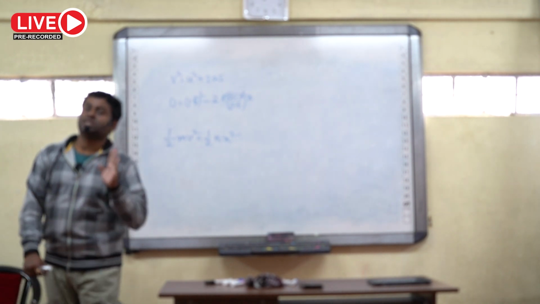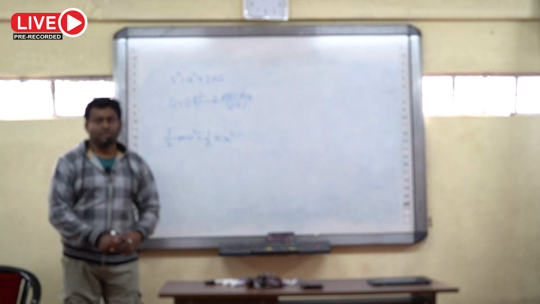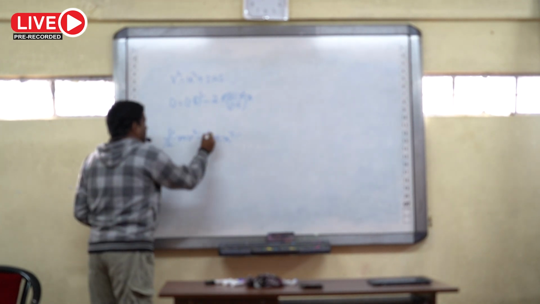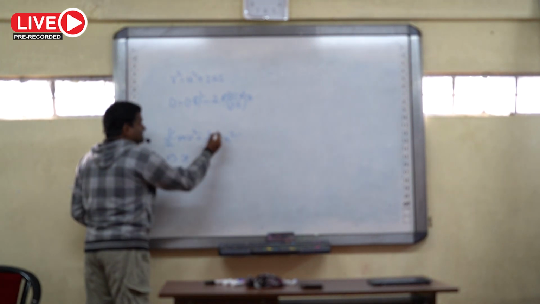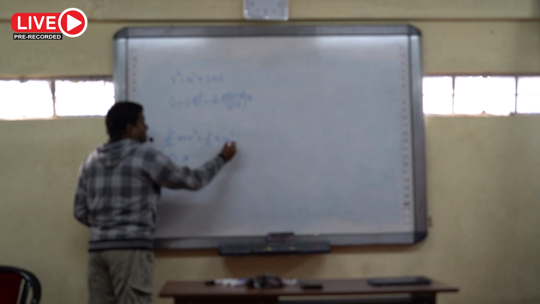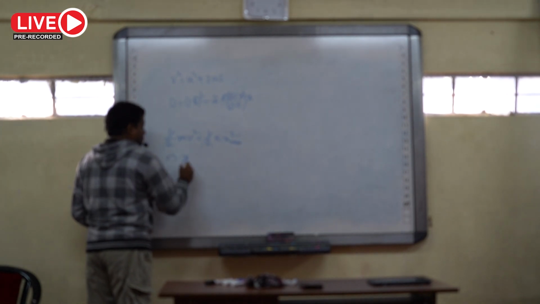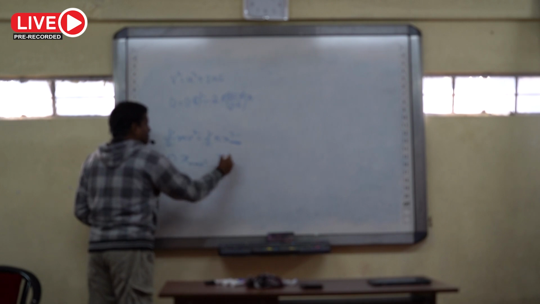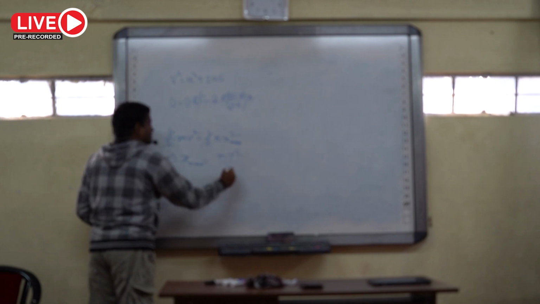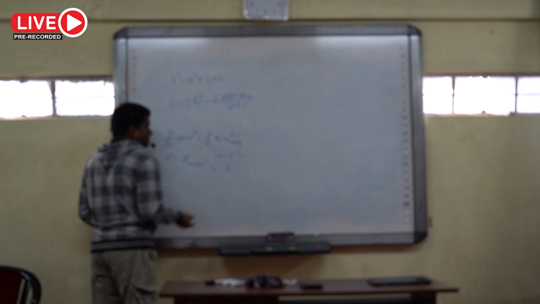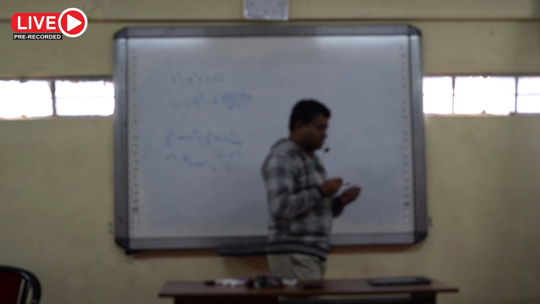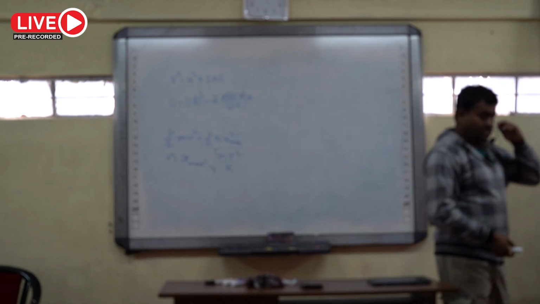So from this energy conservation, you can solve this problem. This half cancels, so this x is now the maximum displacement. So x maximum will be the root of mv square by k. Just substitute the value, you will get your answer.